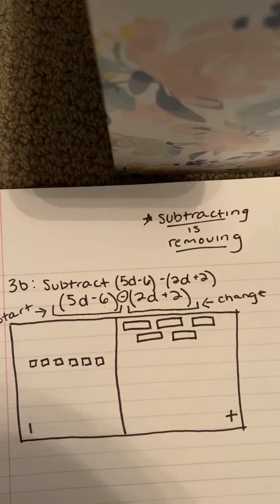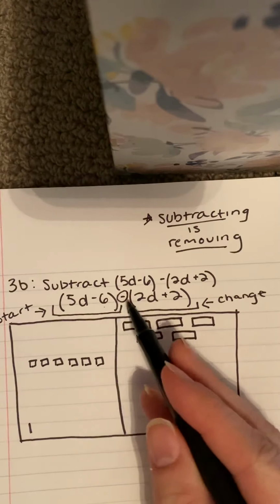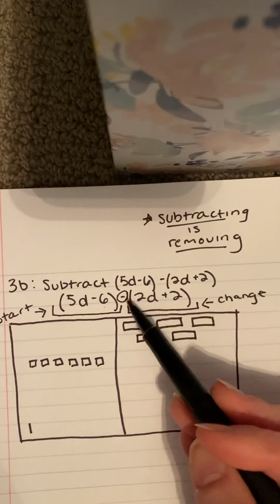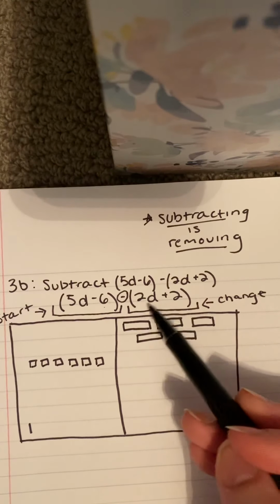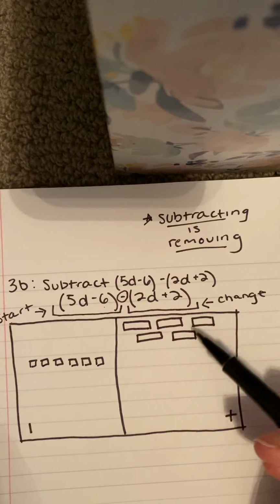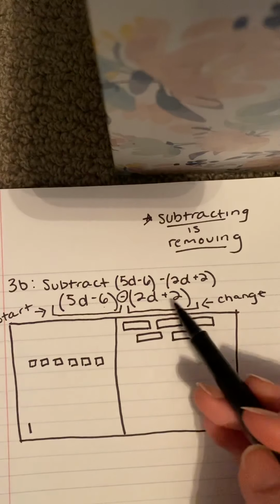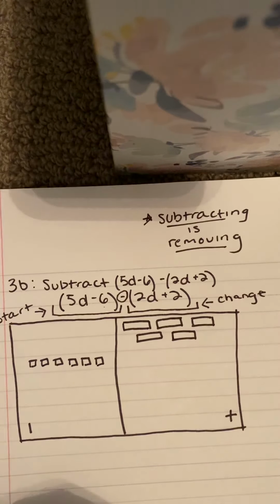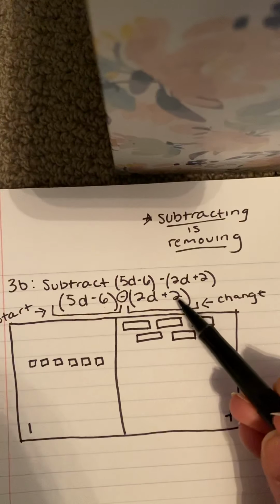So now we have to do the change. So we know we're subtracting, or also removing. So what we have to do is remove 2d. Well, luckily we have 5d on the positive side, and we're looking to take away 2 positive d. So we can take that away. So that would be these two right here. But we also need to take away 2 positive blocks. So that's going to be a problem, because as you can see, it's positive. Even though we're taking away, it's still positive.